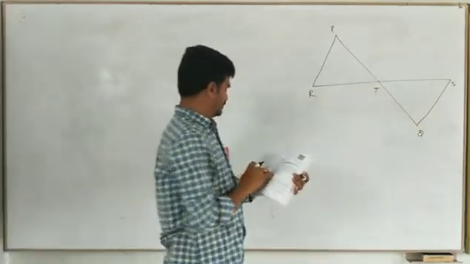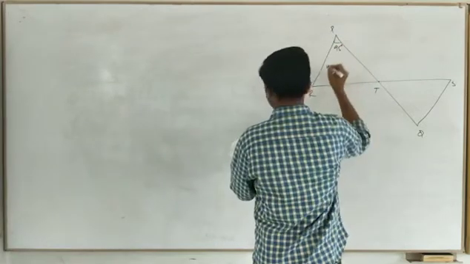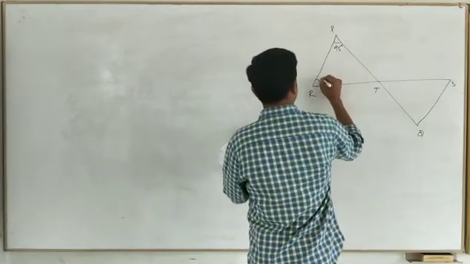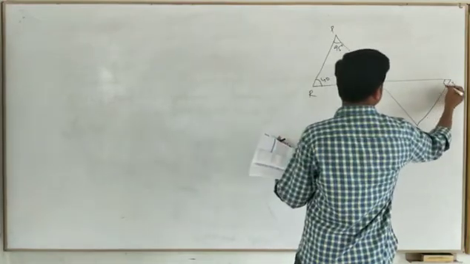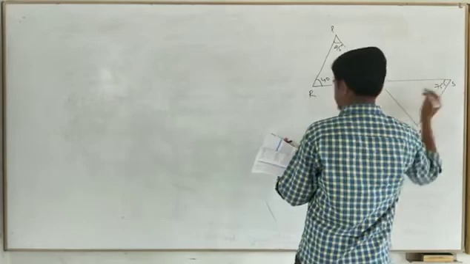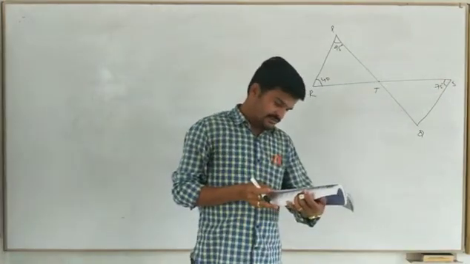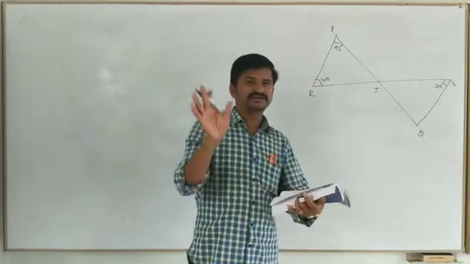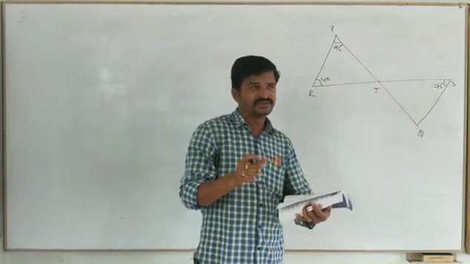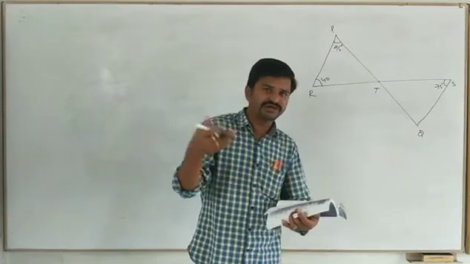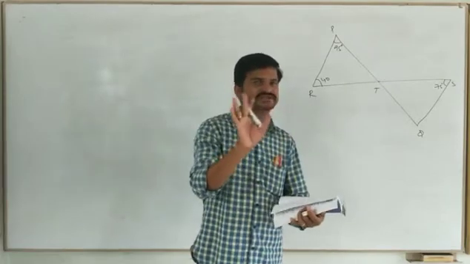This is given as 95, this as 40, and this as 75. Any other conditions given here? No, only intersecting. There is no condition such as parallel. If parallel, we could use transversal and alternate angles, but no such information is given.